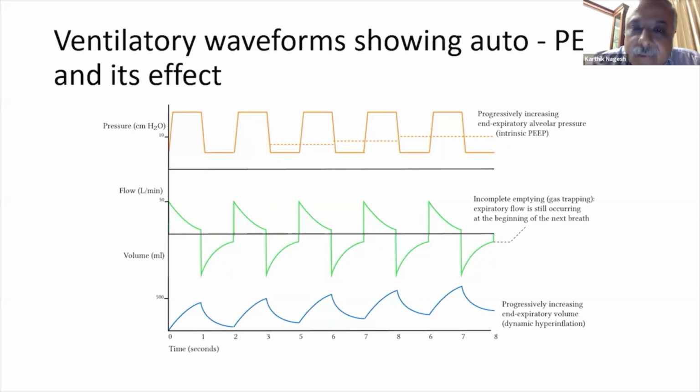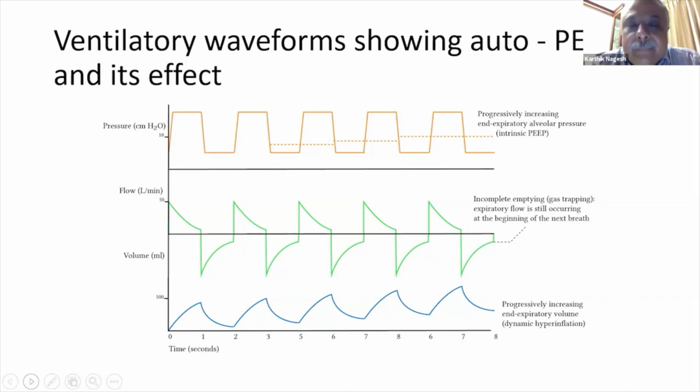Make sure the MAP, which you either calculate by the formula or from the machine, is not very high. MAP is a measurement which most machines will give you. Maybe to start with about 10 to 12 centimeters H2O, and then you can decide to increase or decrease based on the blood gases and the X-rays. So I think this is the fundamental principle of time constant, which Priya has nicely elucidated.